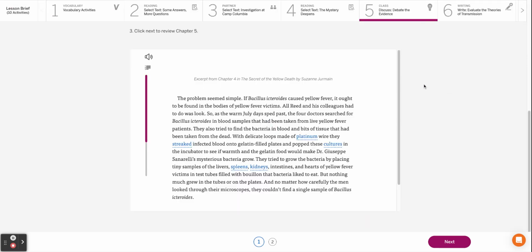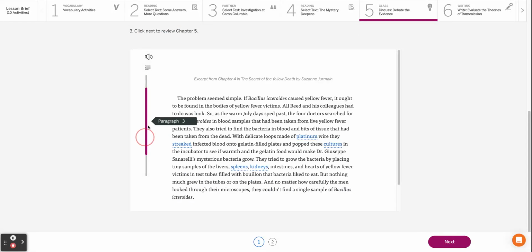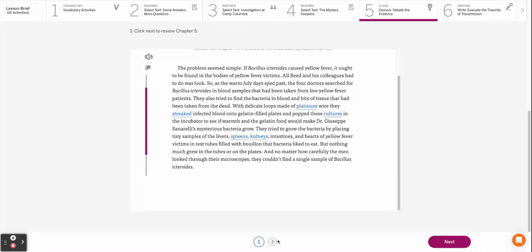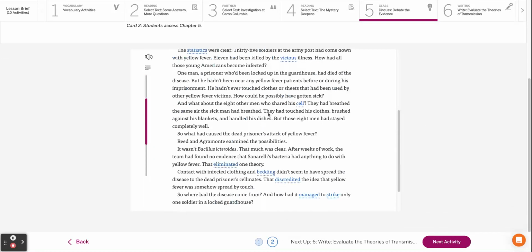Activity 5. You're going to launch the evidence app to complete those. If you need help, go back and look at the evidence app video from a previous lesson. And then you're going to read this quickly, the paragraph quickly from chapter 5.